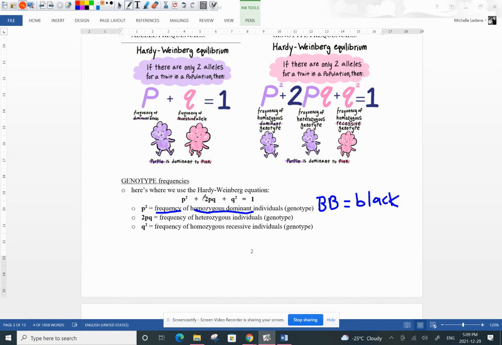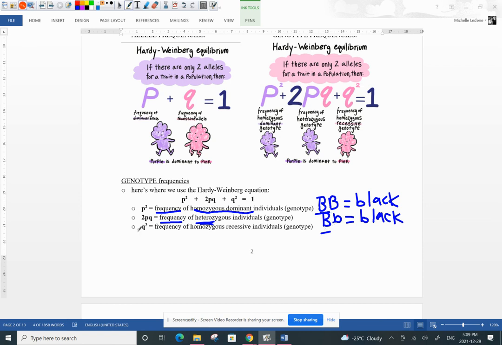That term, 2pq, is the frequency, the proportion of all those squirrels or individuals in a population who are heterozygous. They have a dominant allele and a recessive. They are still going to be black squirrels. Why is that? Because for the dominant, you only need one big B to get the dominant trait or phenotype.